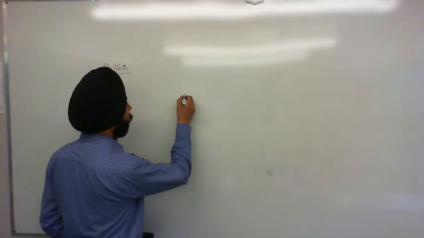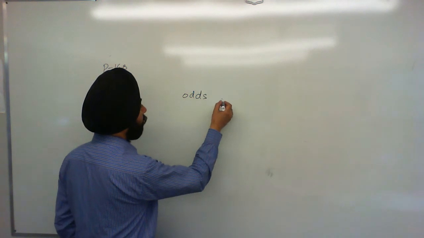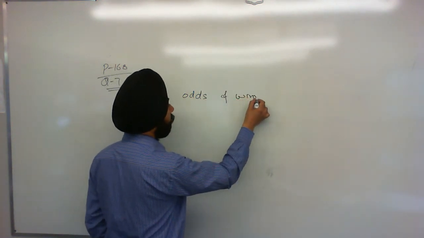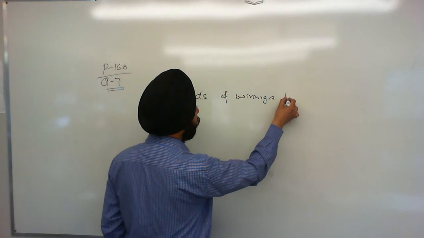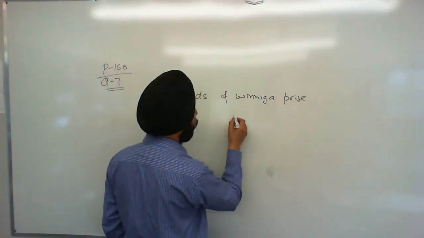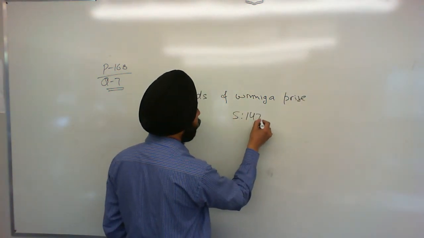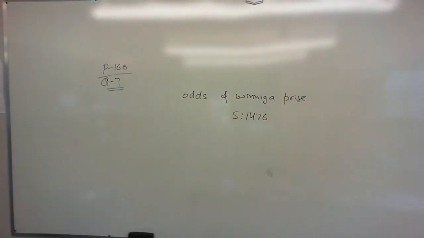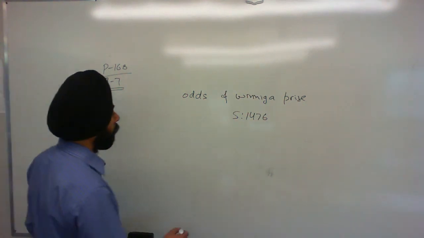It says the odds of winning a contest are approximately 5 to 1,476. Odds of winning a prize are given as 5 to 1,476. And how many winners are there likely to be if there were 50,000 participants?